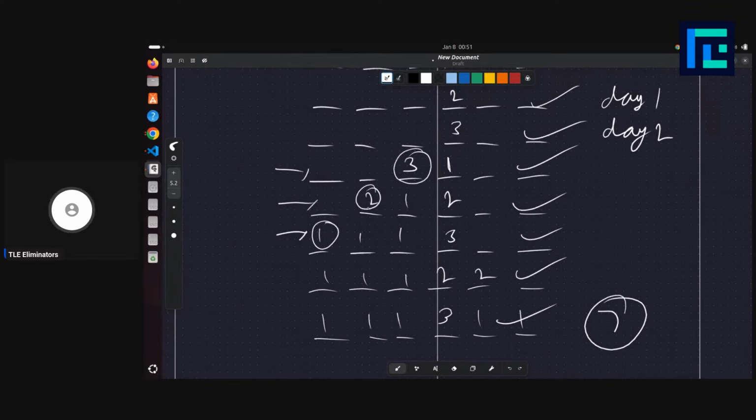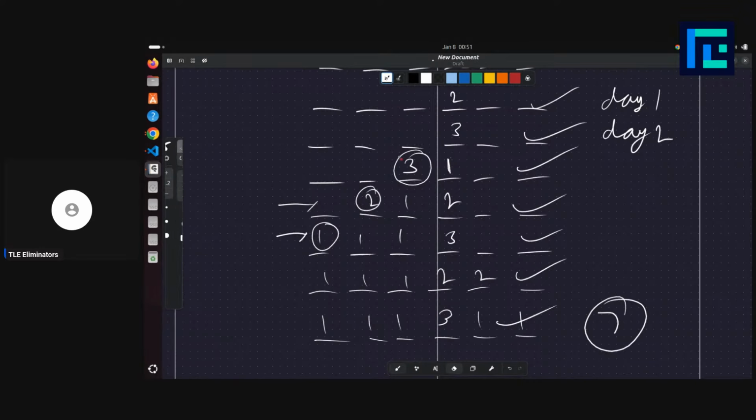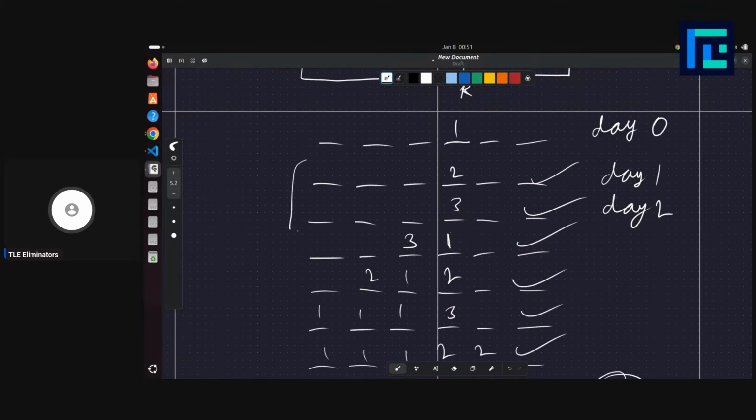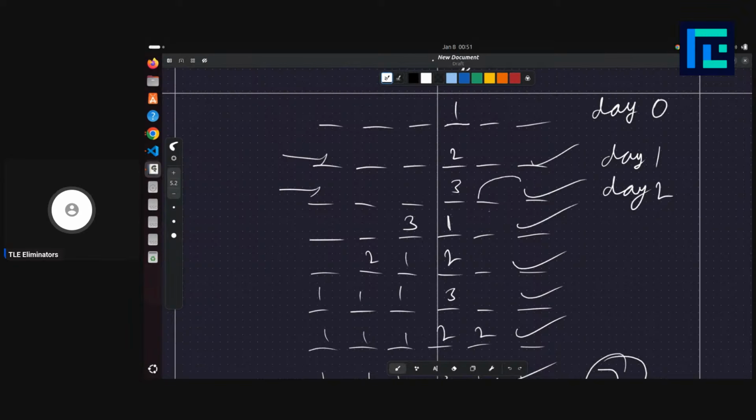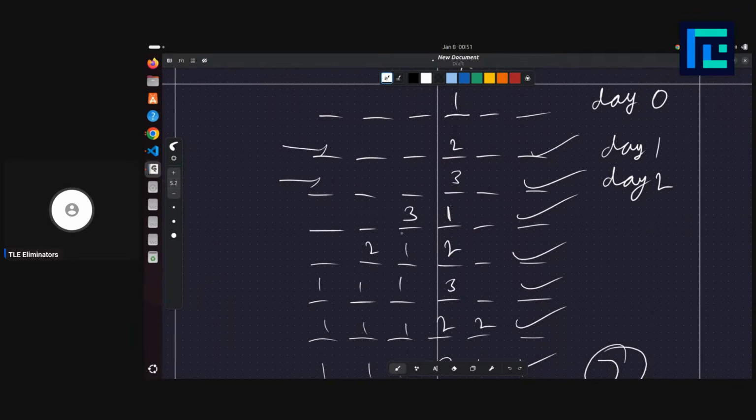You can see that first we waited for 2 days, this day and this day, and made L soldiers here. Then we want 2 soldiers for the right side also, so we'll have to wait 2 more days. But actually, to send all the elements to the left side also, we'll have to wait L days. So actually, you can say that it is max of L comma R.